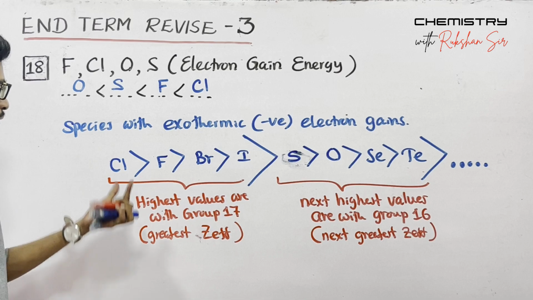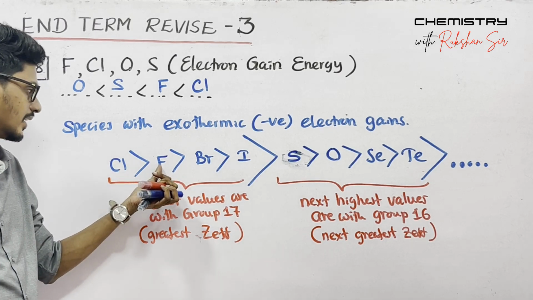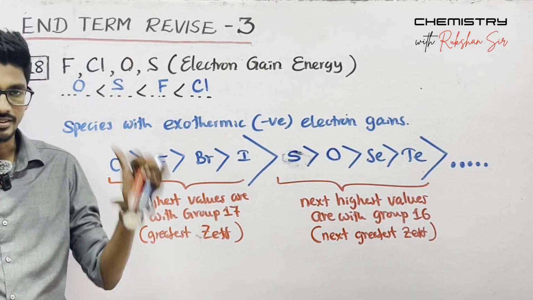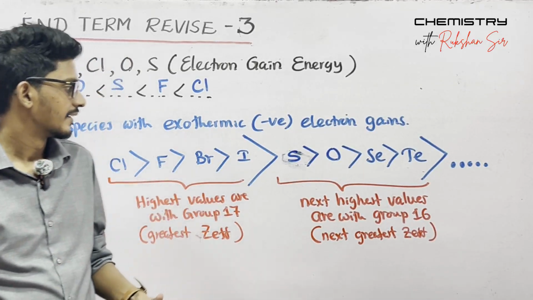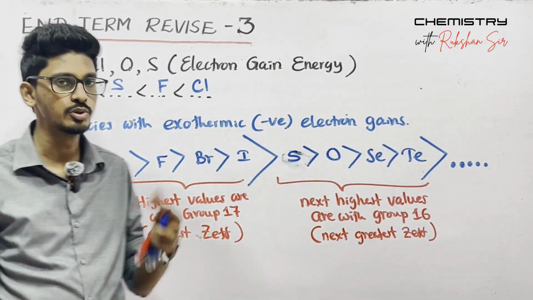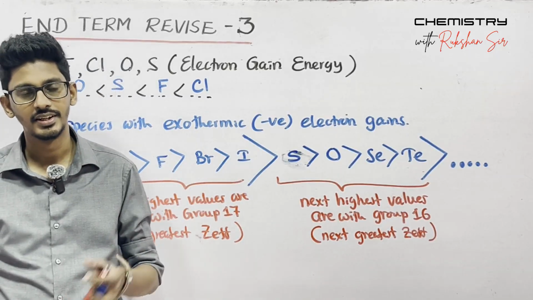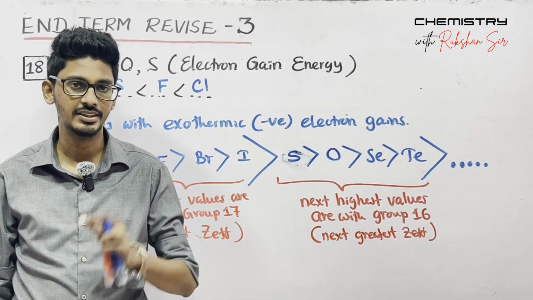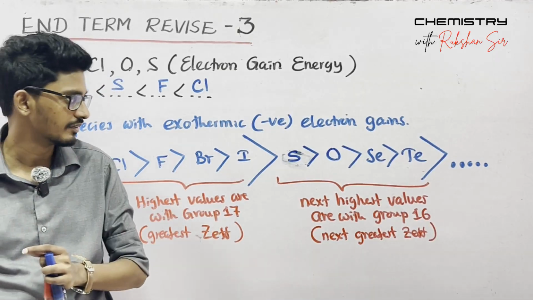But chlorine has a greater value than fluorine, and sulfur has a greater value than oxygen. The reason is that some repulsions occur as the oxygens and the fluorines, the second row guys, are too small. That thing also should be known. That is there in your notes. Go through that as well.